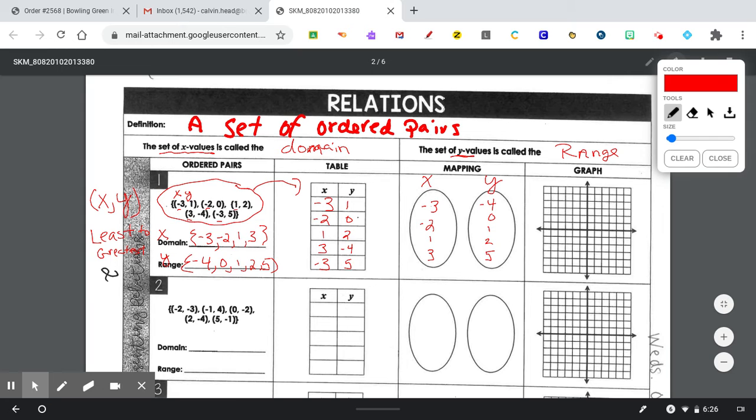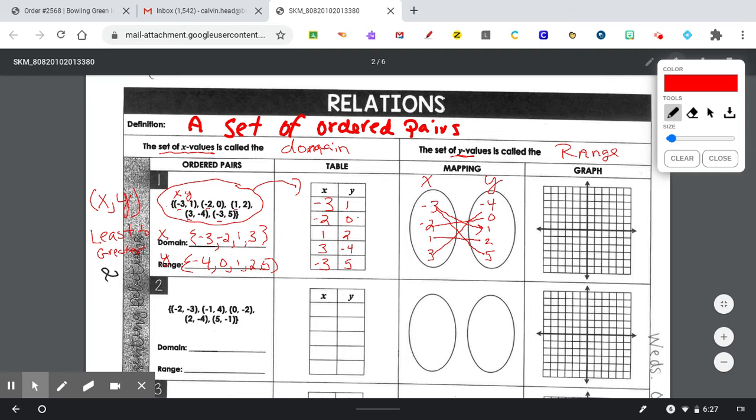Basically what you're doing is matching them. So -3 goes to 1. -2 goes to 0. 1 goes to 2. 3 goes to -4. And then -3 also goes to 5. So I'm taking the ordered pairs and putting them in there.